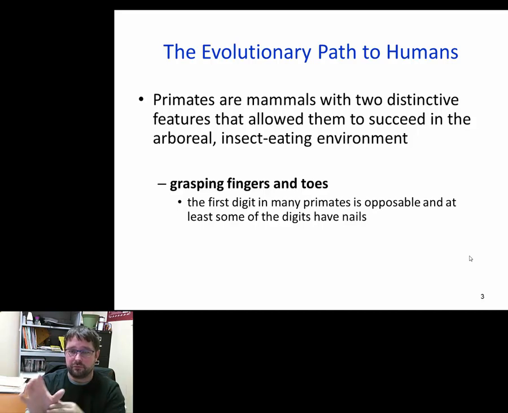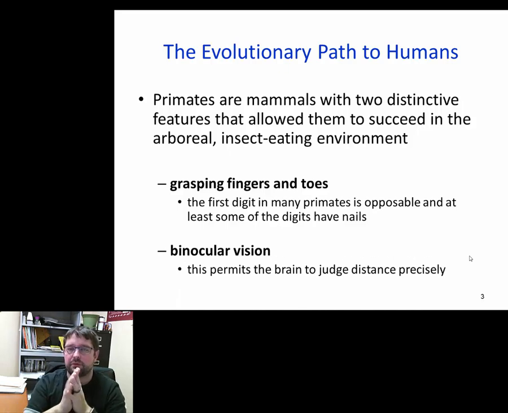So they had the ability to move like our opposable thumbs. But all of them had grasping capabilities, and they had some kind of fingernail, some kind of nail that was attached. Okay? So the grasping fingers and toes is a huge environmental advantage.